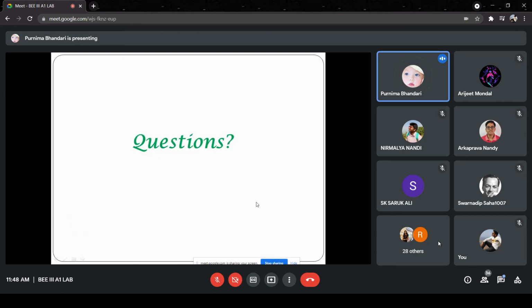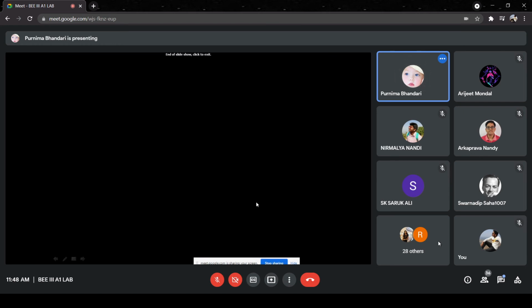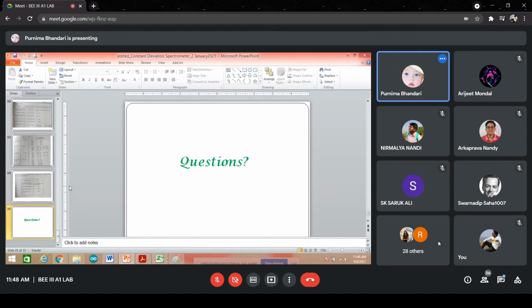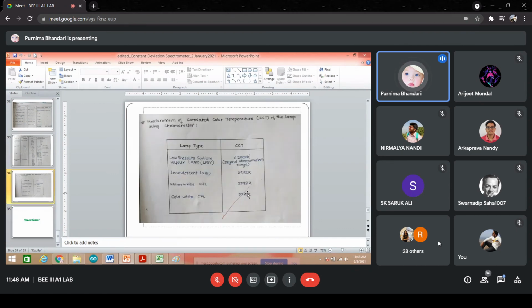Now, if there is any question. So the last part was the correlation. I think I have already correlated the CCT and spectral values. If the CCT is less, that means the color temperature is less, so the wavelength will be more in the red region. So it will be more warm white or yellowish in nature. If the color temperature is high, it will be in the bluish region.